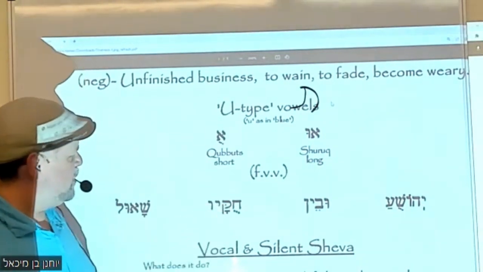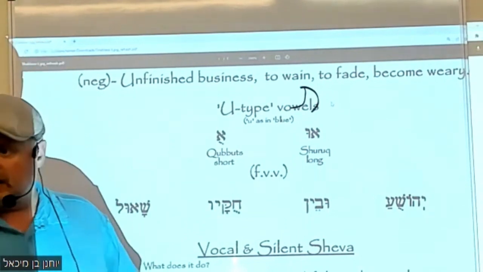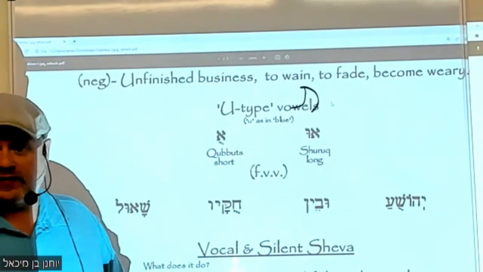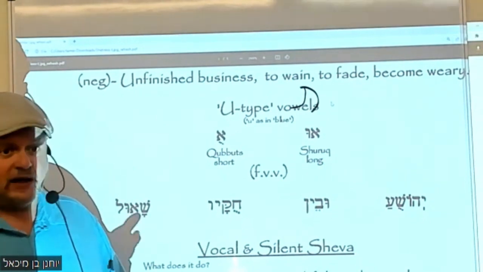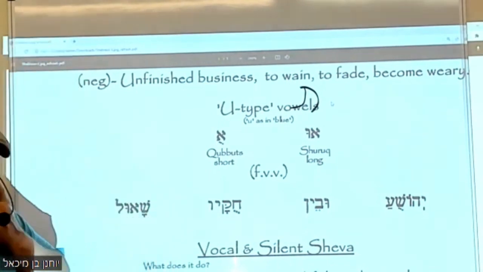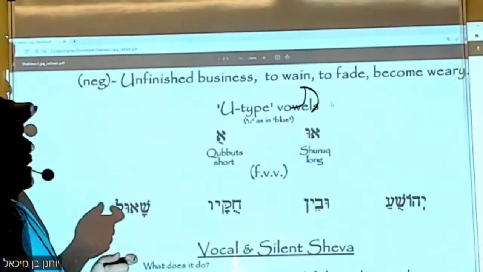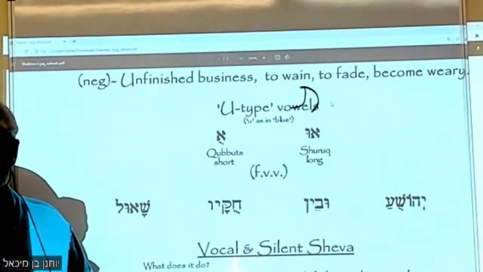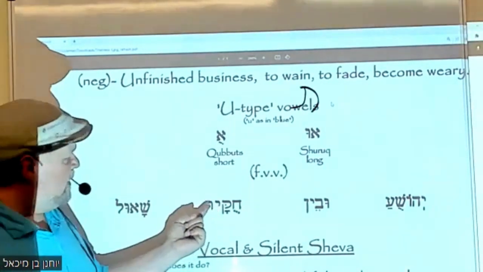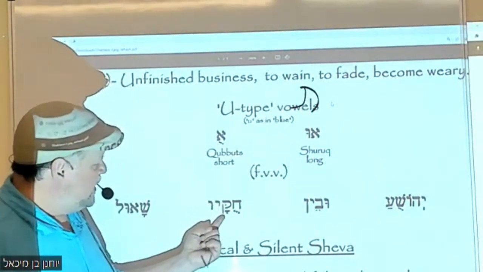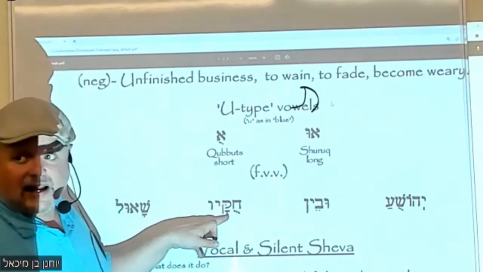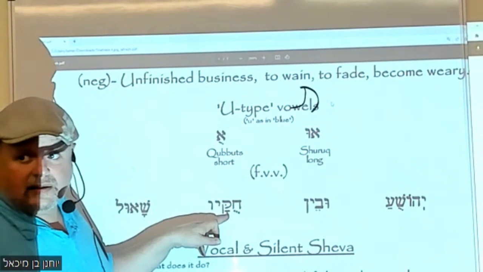Now, what letter do we have here? This one looks like a letter P. What is that? That's a kuf, right? So when did we cover kuf? Last week, right? Kuf. So kuf is what? Or a K type sound. All right. So we have this Q sound here, but look, it has a dot inside and it's got a kametz underneath it.